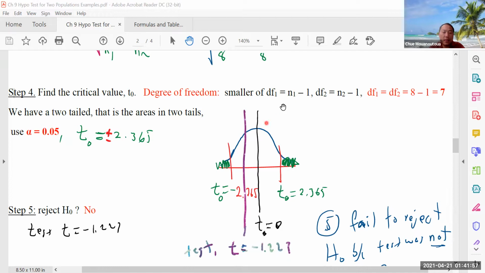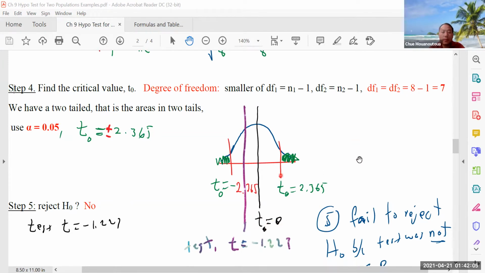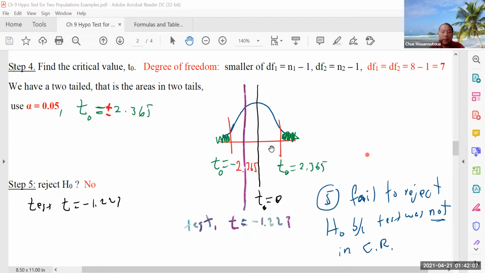And if you remember that this is t, in the middle here is 0. So you can see that this test statistic is not inside the critical region. So we're going to fail to reject H0 because the test statistic was not in the critical region, CR.